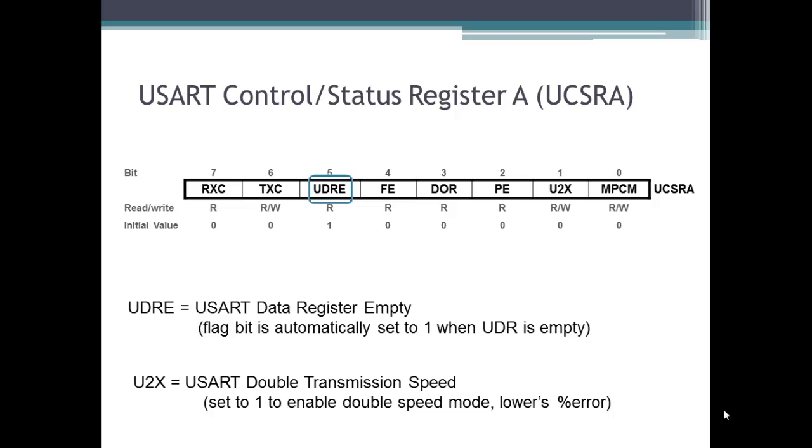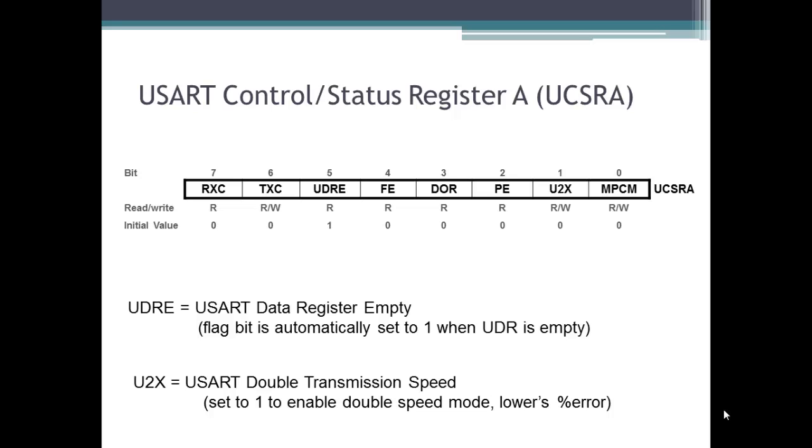This flag indicates if the UDR, the data register, is empty. The flag is automatically set to 1 when it's empty. That provides a really convenient way for a programmer to check that the data register is empty, meaning no transmission is taking place, and it's safe to write a byte of data to the UDR without overwriting some other data.